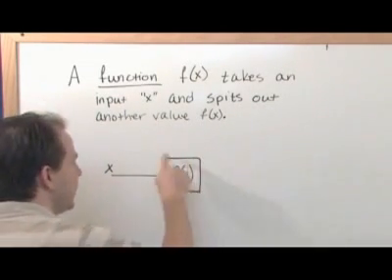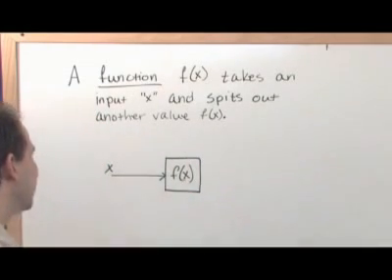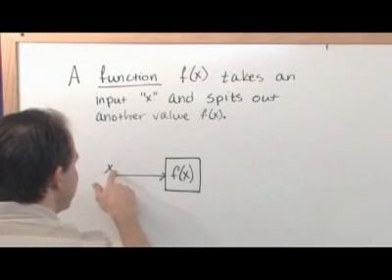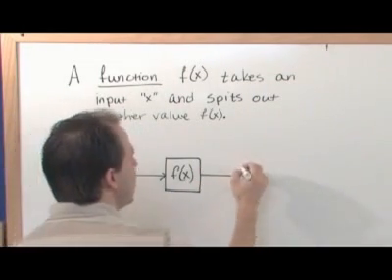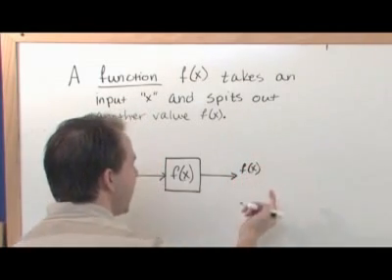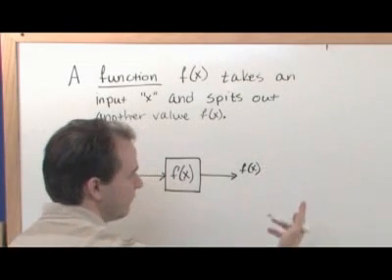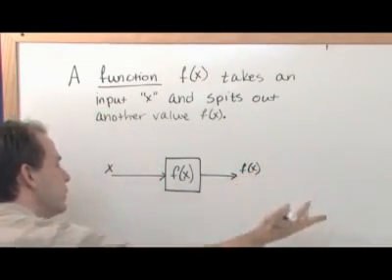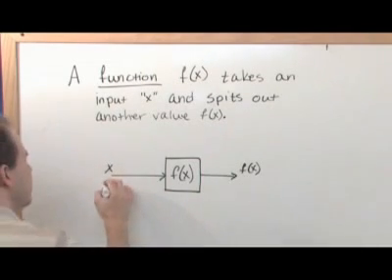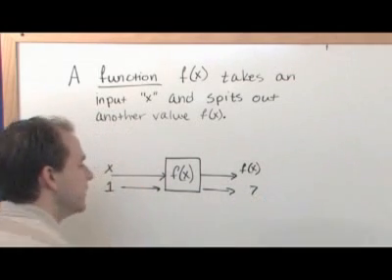And inside of here is some mathematical gears. We'll look at some functions and show you what they look like. But it's something that changes these input values and it dumps out some different output values. We call these values f of x. It means f, which is a function, has operated on these values of input x, and you get some new values out. So you might put 1 on the input here, and you might get 7 on the output.